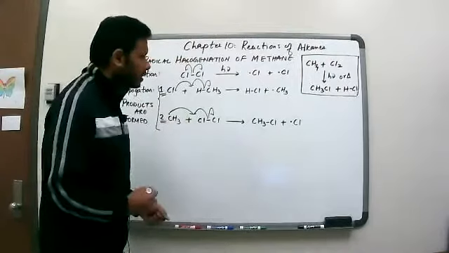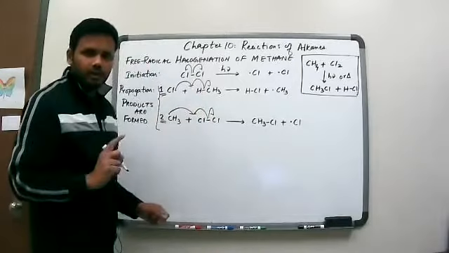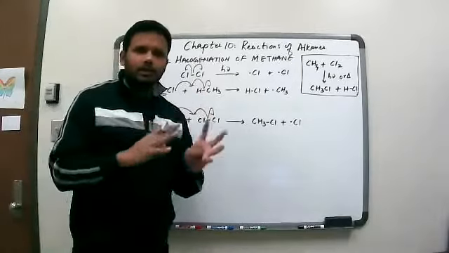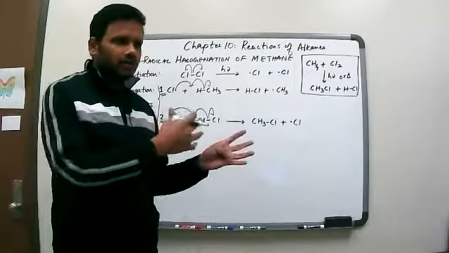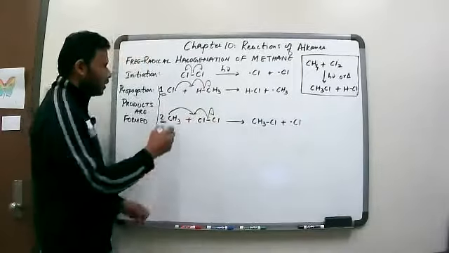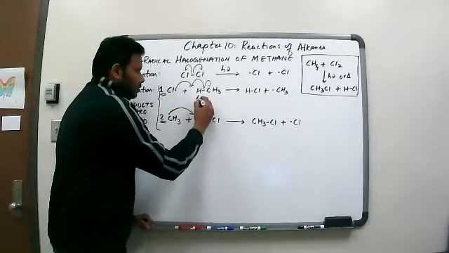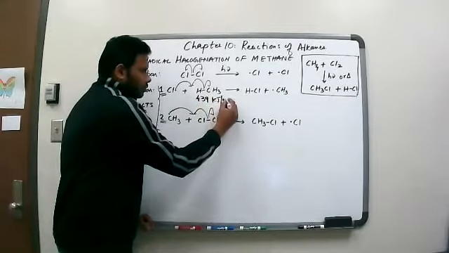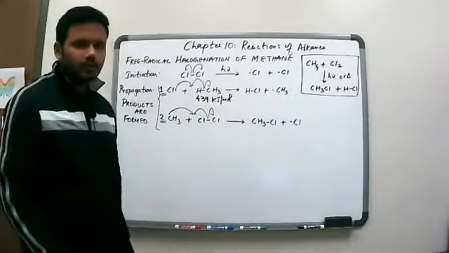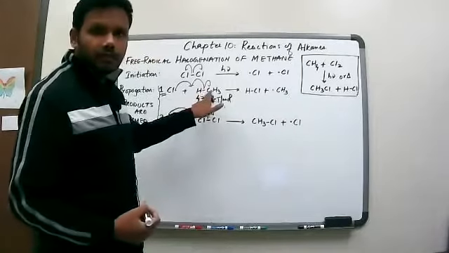I talk in terms of bond dissociation enthalpy, because that would help me point something else out. So the bond dissociation enthalpy for a methyl hydrogen bond is 439 kilojoules per mole.